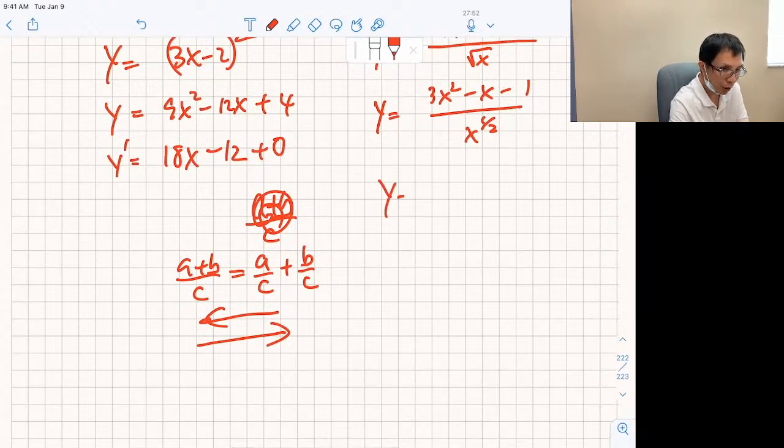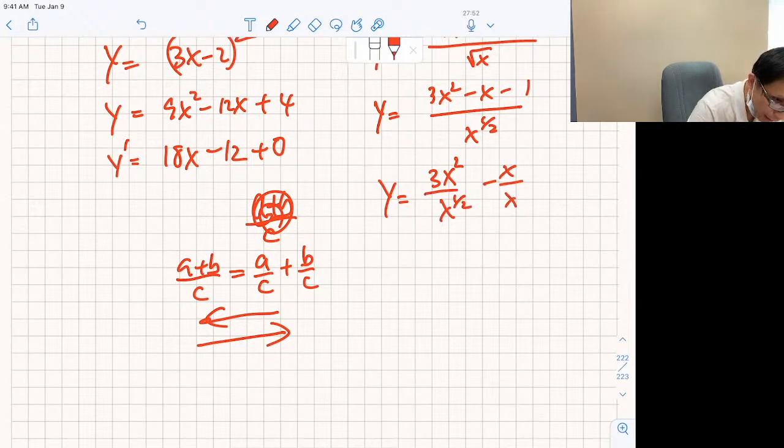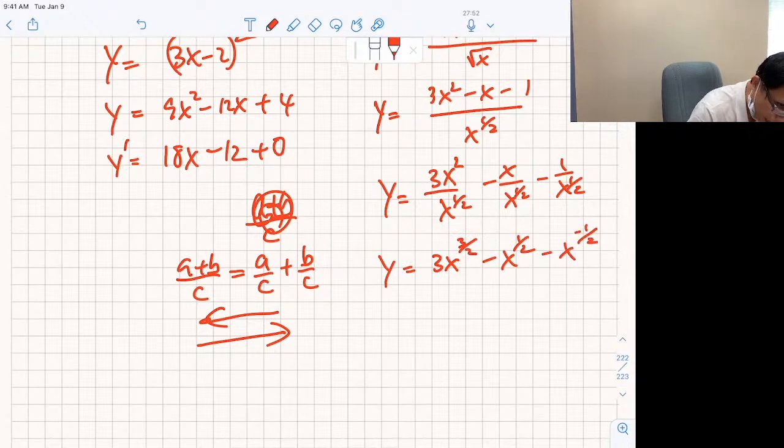So now, let me finish this problem. 3x squared over x to the 1/2 minus x over x to the 1/2 minus 1 over x to the 1/2. Can I simplify each one? Yeah. So that's 3x to the 3 over 2 minus x to the 1/2 minus x to the negative 1/2. Now I'm going to take a derivative. So it's going to be 3 times 3 over 2 x to the 1/2.